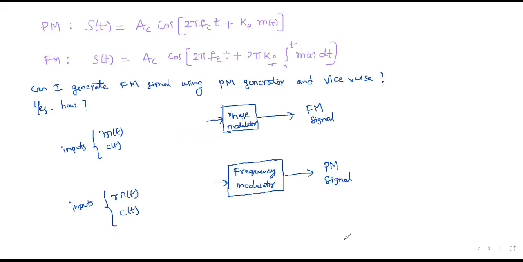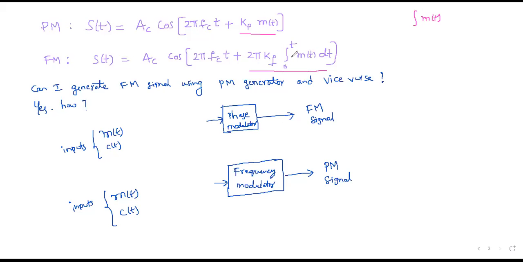In order to find the answer, you just have to carefully observe these expressions here. To be specific, observe this term and this term. For a phase modulation signal, instead of giving m of t, if I give input as the integration of m of t, then what do we get?